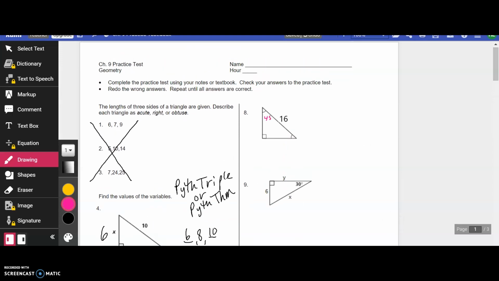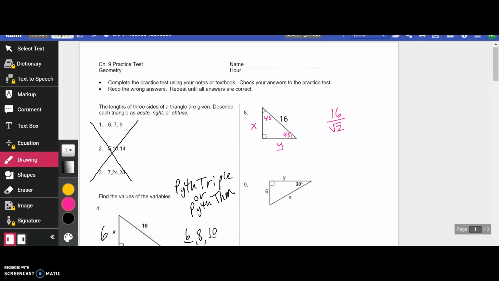So 45, 45. So on this one, if I'm trying to find the legs, which I forgot the x's and the y's, I know the hypotenuse is a whole number. Now, on the other examples, it had a square root 2 attached to it. Okay, well, to find the legs, again, just like we did on the last one, we divide by square root 2.